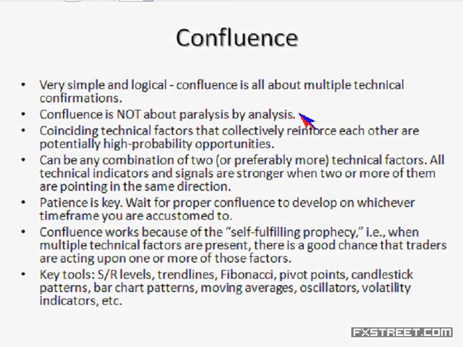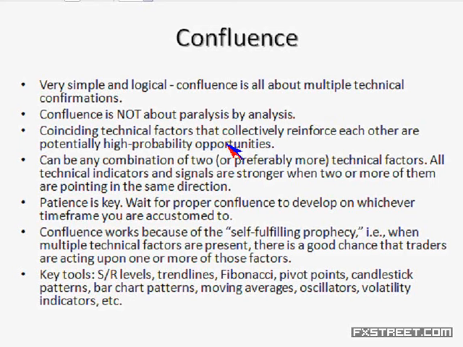Let's say that support level also occurs at a 38.2% fib retracement. That's even stronger. I'm not saying that you should be paralyzed, paralysis by analysis here, but at the same time, it's always better to have stronger rationale for getting into any type of trade.